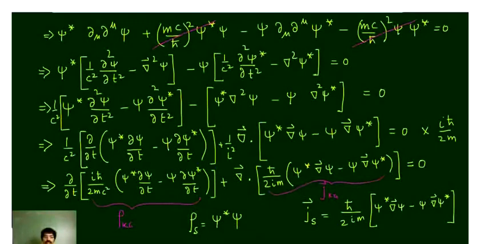So what the continuity equation for the Klein Gordon looks like, this is also called the charge conservation. That is what I want to tell you.